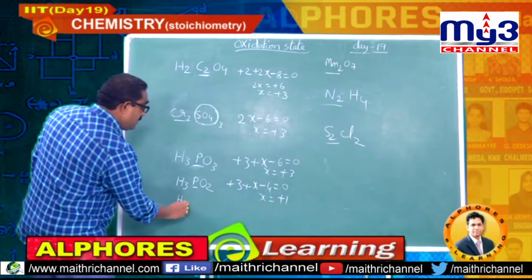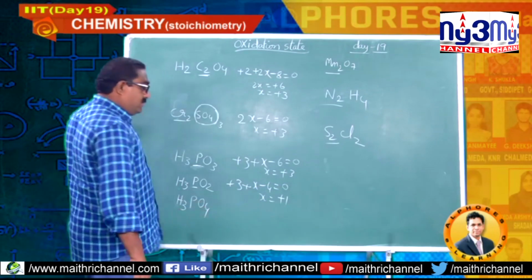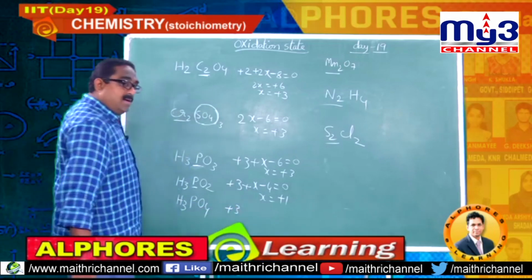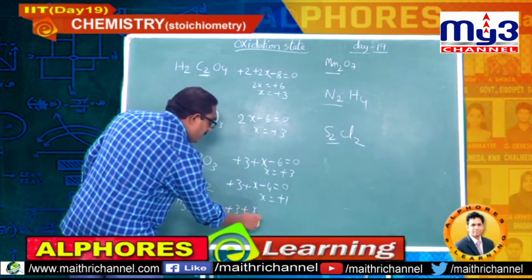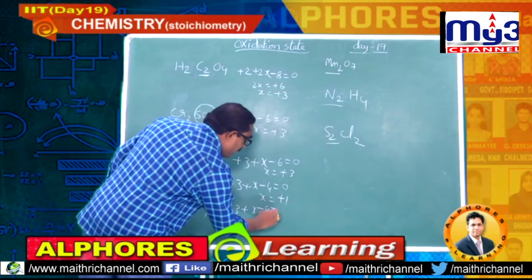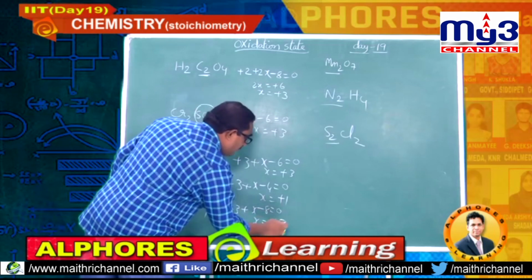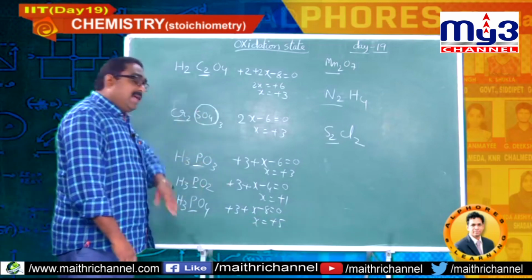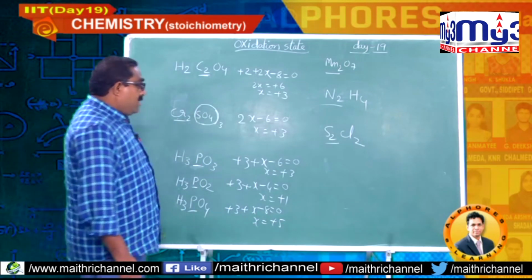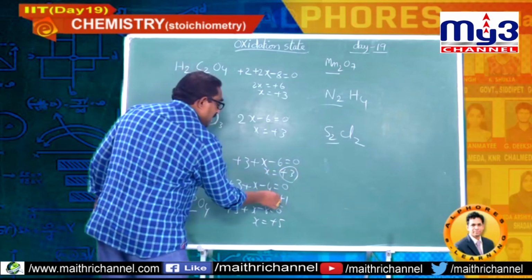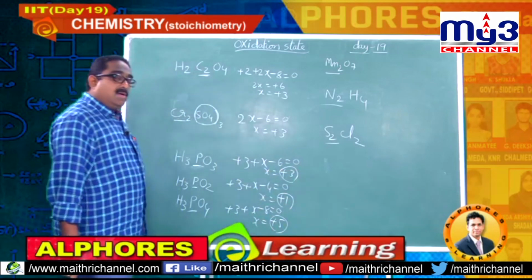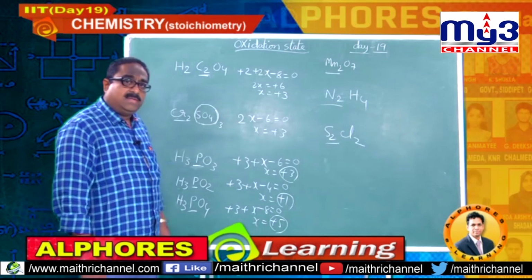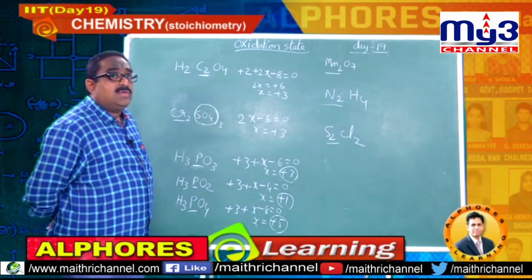Similarly, H3PO4, phosphoric acid: for 3 hydrogens +3, again for phosphorus +x, and 4 oxygens -8 equals to 0, so x equal to +5. Here blindly I am considering oxygen as normal oxygen. I am using -2 for all oxygens because all these oxidation states of phosphorus, +3, +1, +5, are allowable and permissible oxidation states of phosphorus because phosphorus belongs to the 5th A group.